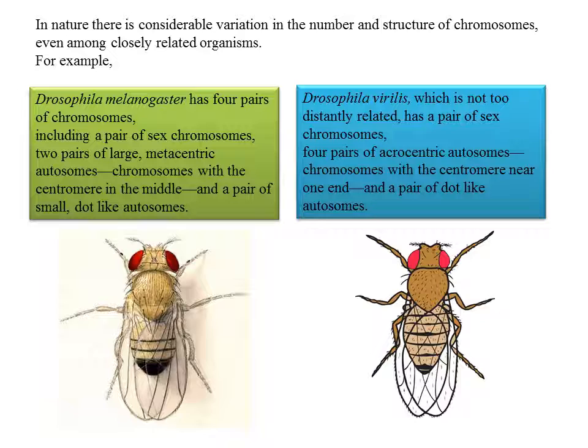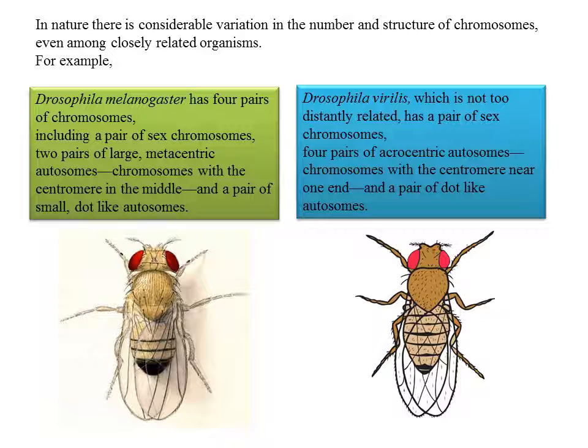Even though they have the same number of chromosomes, the arrangement of chromosomes is different, like two metacentric chromosomes are present in melanogaster and four pairs of acrocentric chromosomes are present in Drosophila virilis.